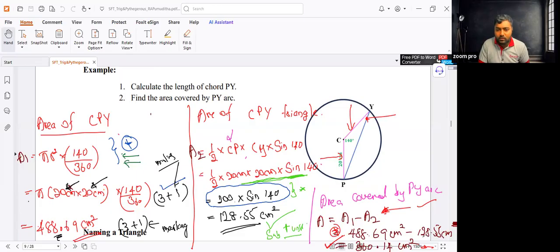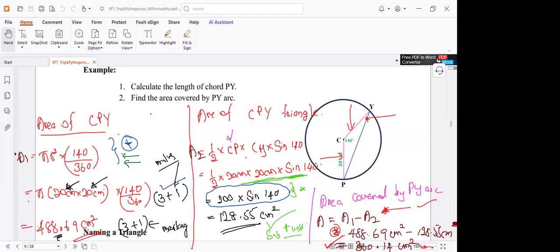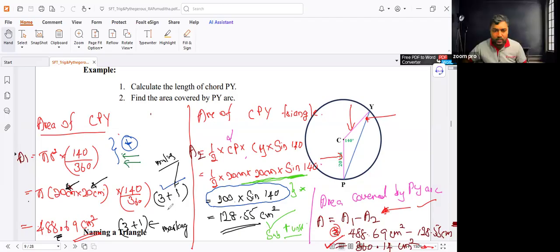Understood? Yes, sir. Miss. Okay, and then just mark if you want. No need to mark by the pen, just mark by the pencil.